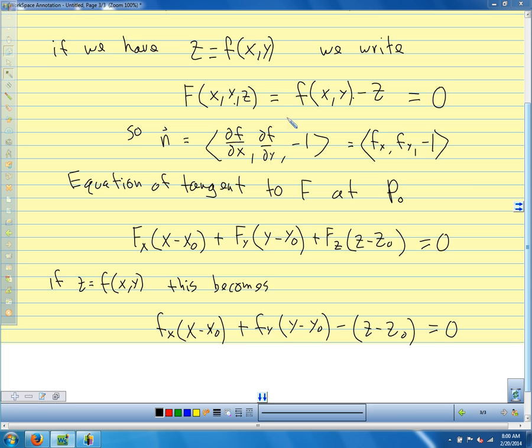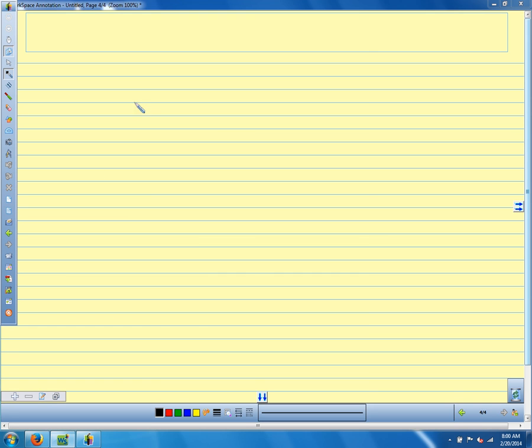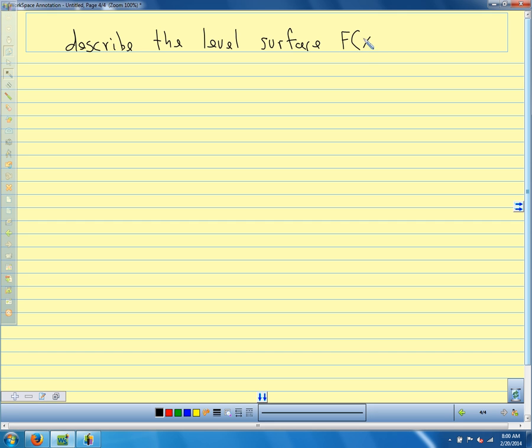All right, I have a couple of questions and then we'll do a couple of examples. I think these next ones will be good practice based on what I saw in the last quiz. We want to describe the level surface for these examples, where f of xyz equals 0 for all of these.